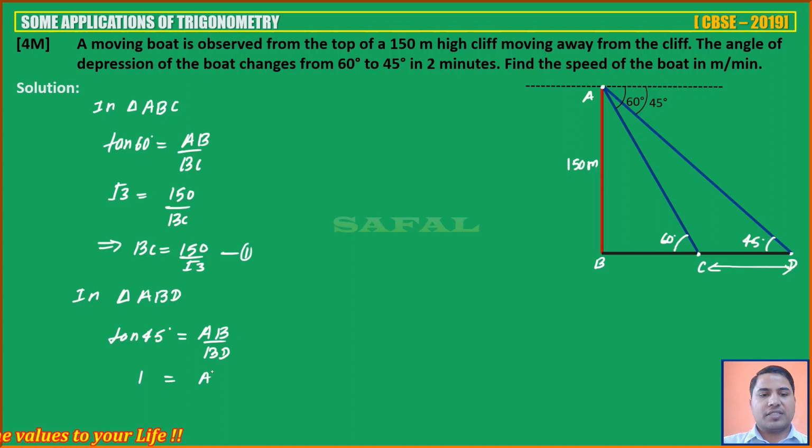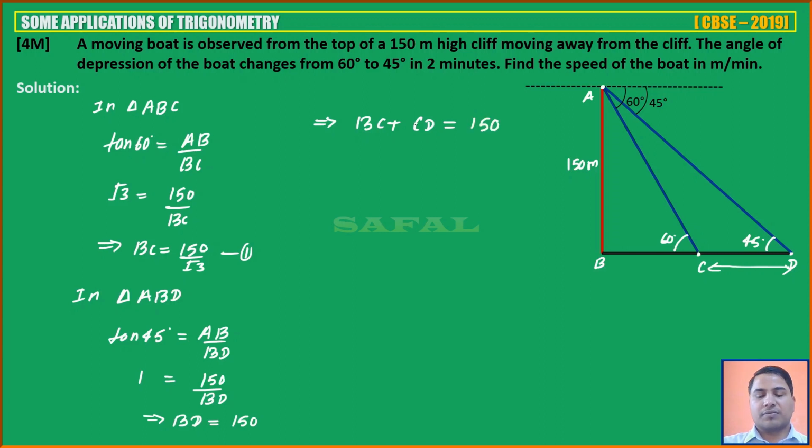Substituting AB, 1 equals 150 by BD. On cross multiplication, BD is 150. Now BD has two parts, BC plus CD, so BC plus CD equals 150.